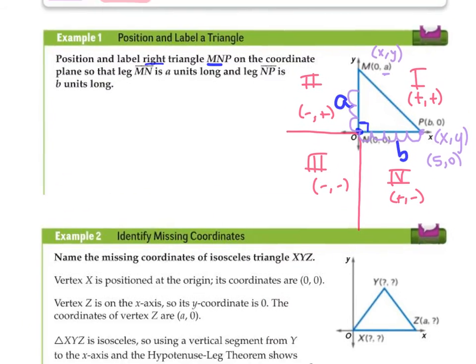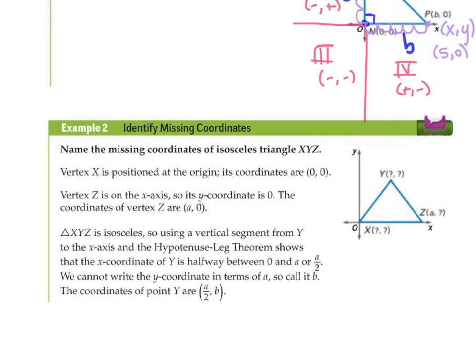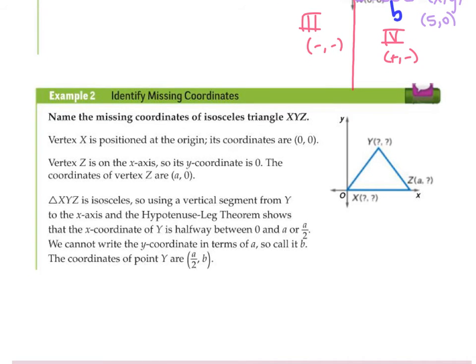Now moving forward to this other example, we want to identify any missing coordinates. We're asked to name the missing coordinates of our isosceles triangle XYZ. Remember, isosceles triangles have two congruent sides, and then we have X, Y, Z right here. So we have vertex X, this angle corner right here, positioned at the origin.